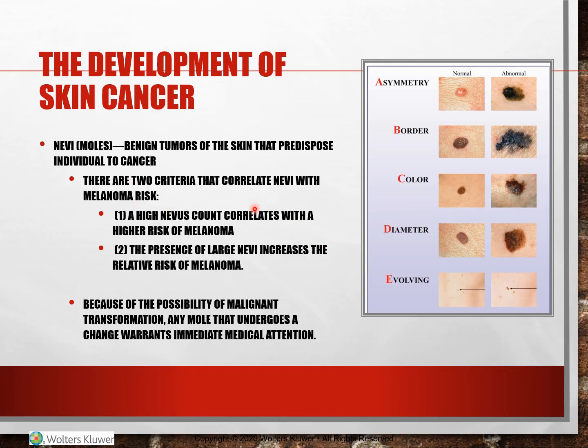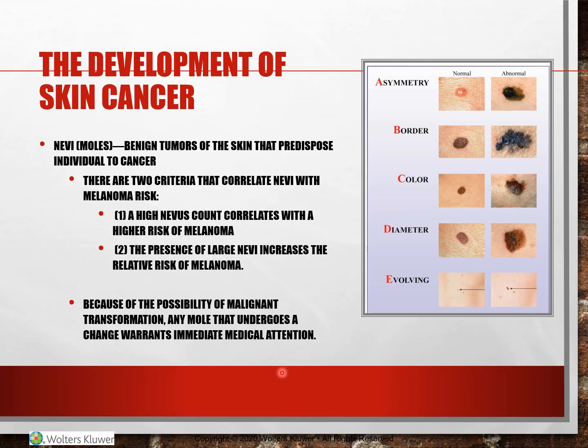There are really two criteria here that correlate nevi with melanoma risk. People with a high nevus count, so they have a lot of nevi all over their skin, have a much higher risk of the development of melanoma. And people who have relatively large nevi are also more at risk for the development of melanoma.